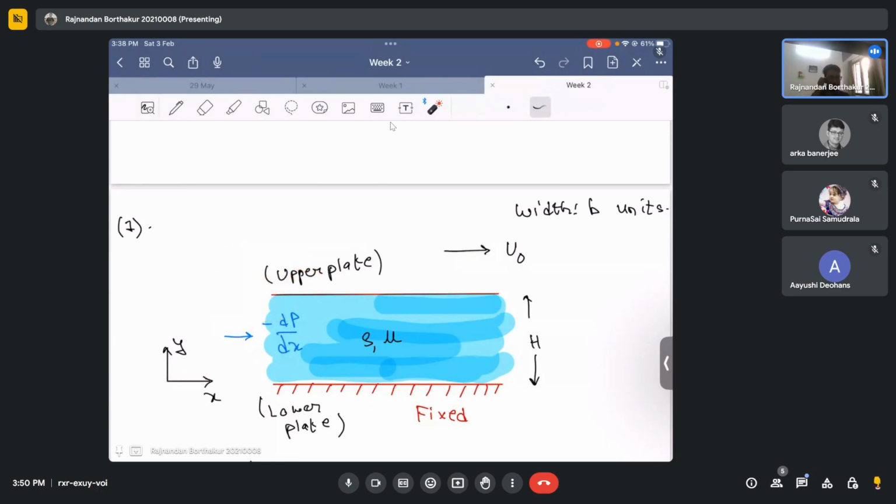I hope the coordinate system is clear. You can choose the coordinate system as you like, and in fact you can solve this problem once again on your own by taking the coordinate system at the center of the plate. This is completely up to you, but I have chosen my coordinate system to be coinciding with the lower plate. So based on this, can you tell me what the continuity equation would look like?